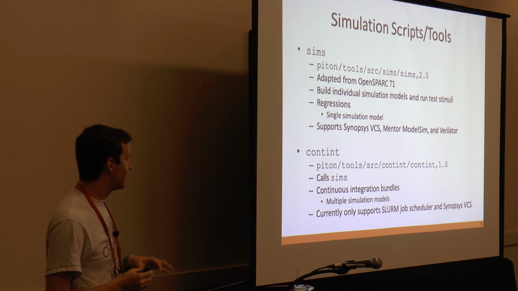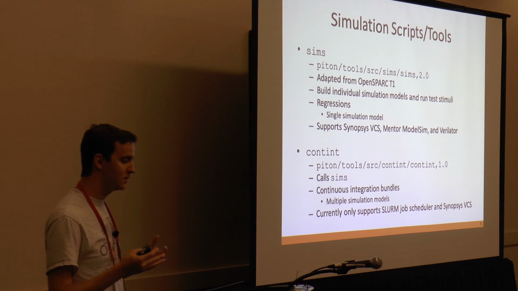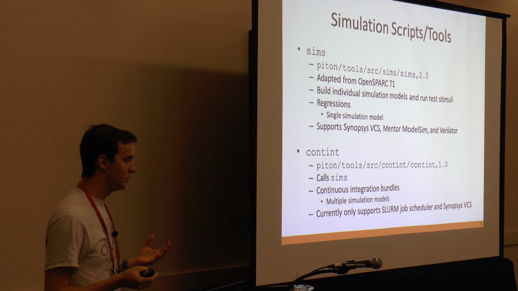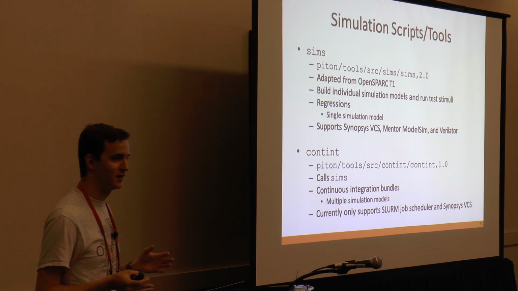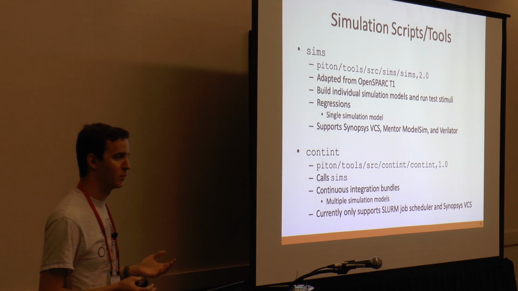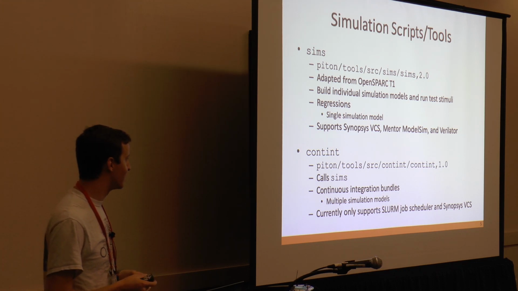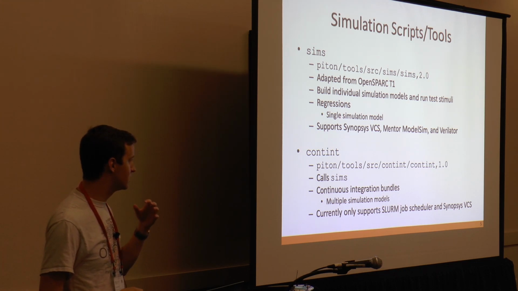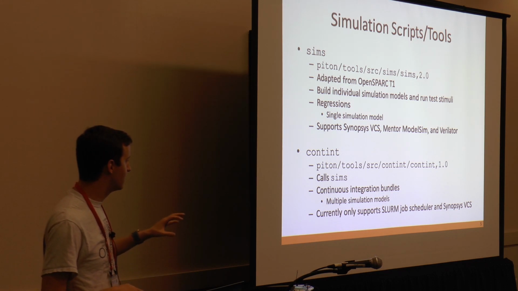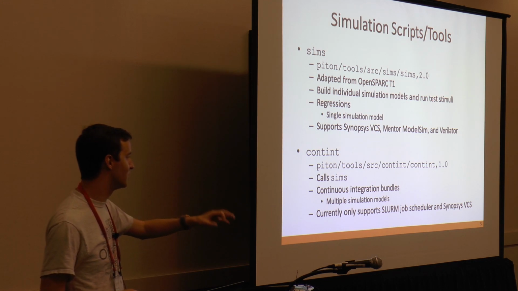Contint, in contrast to SIMS, calls SIMS and is really used for more continuous integration. Our group uses it. We run tens of tests every night on our entire code base to make sure that all the development work we're doing doesn't break anything. Contint makes repeated calls to SIMS with continuous integration bundles.